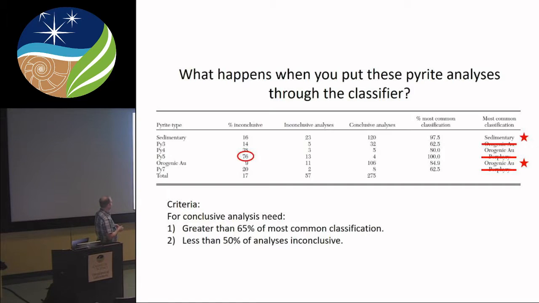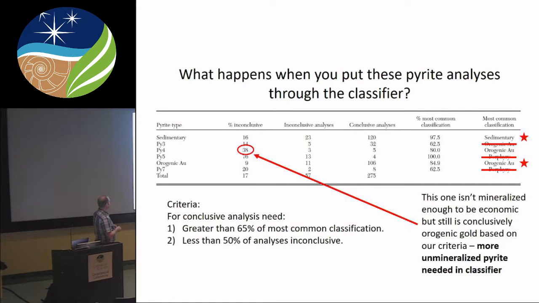So that one was also eliminated. But it did highlight an issue in that pyrite 4 made it below our threshold of less than 50% analyses inconclusive, and was also 80% of the time calling it orogenic gold. So this is suggesting we do need more unmineralized pyrite in the classifier.